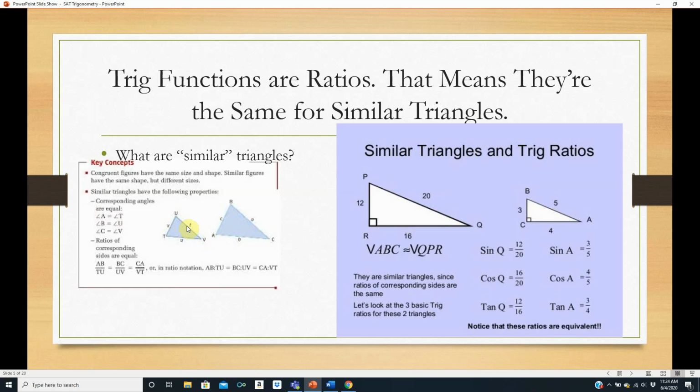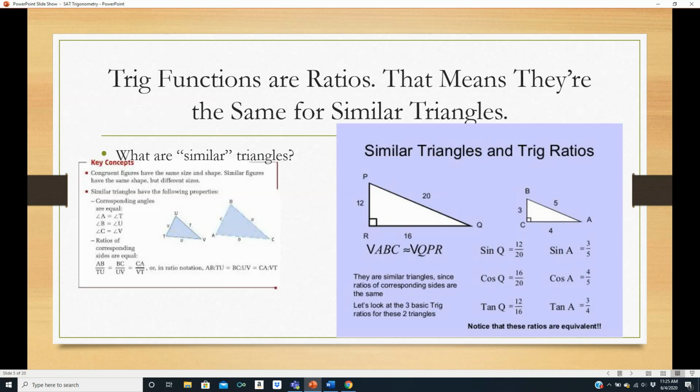So we can see that UV has to be proportionate to BC. TV, or VT, whatever, is going to have to be proportionate to AC, or they have it as CA and VT. So that means these ratios are always going to be the same.